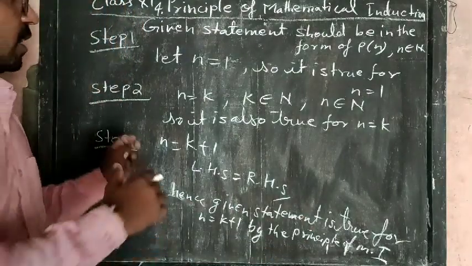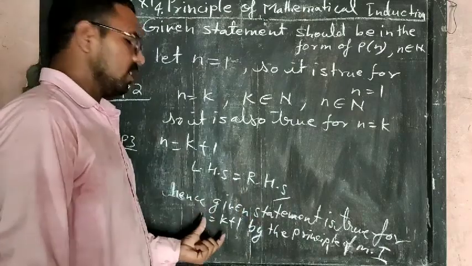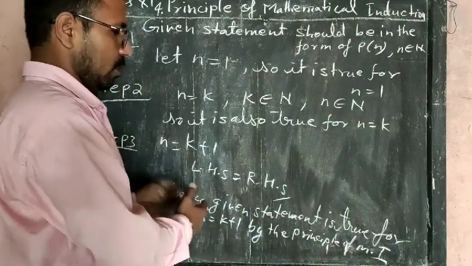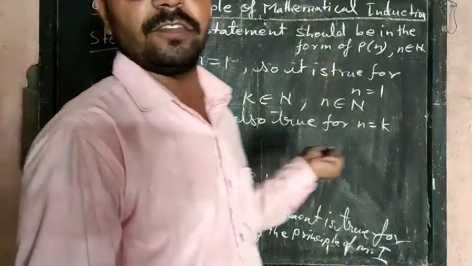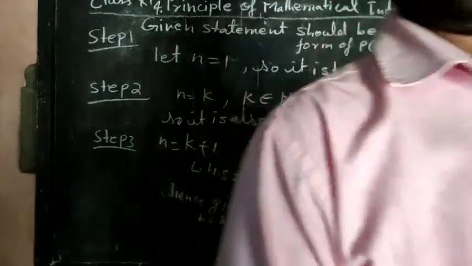Clear, students? PMI, that is the principle of mathematical inductions. Clear, students? This much you have to write down in your notebooks, and just recall it 2 or 3 times and become perfect, and in the same way we will solve the questions.